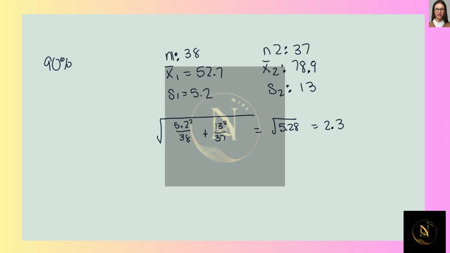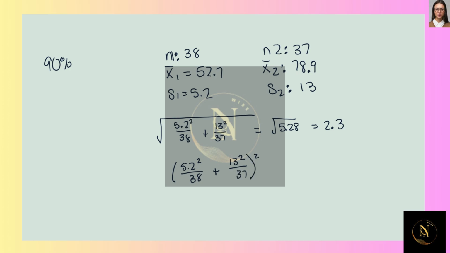So then what you have to do is find your degrees of freedom of the t distribution. To get that, you take 5.2 squared divided by 38 plus 13 squared divided by 37.